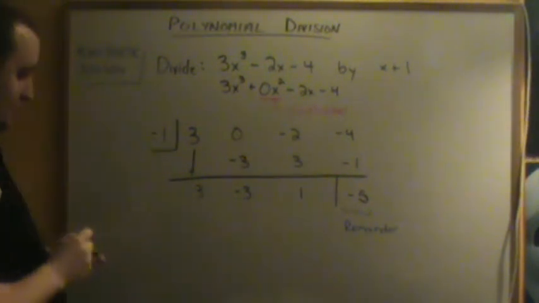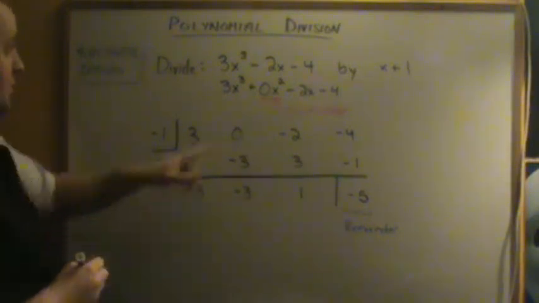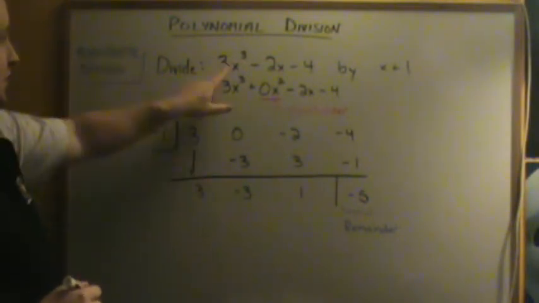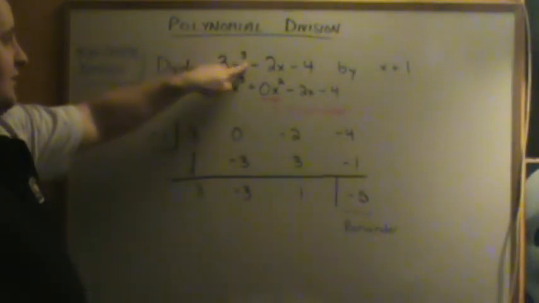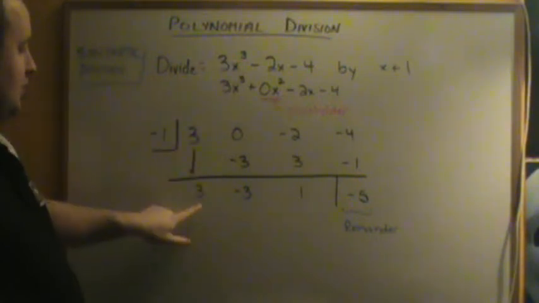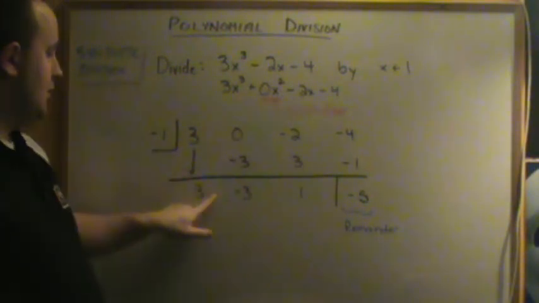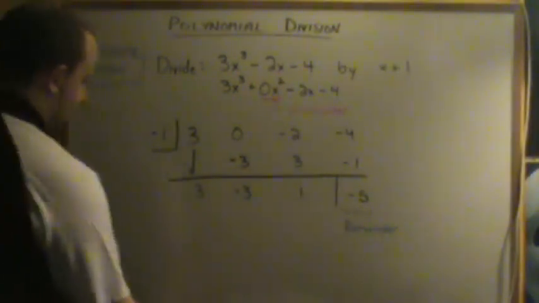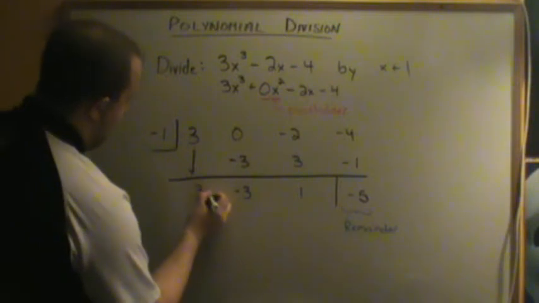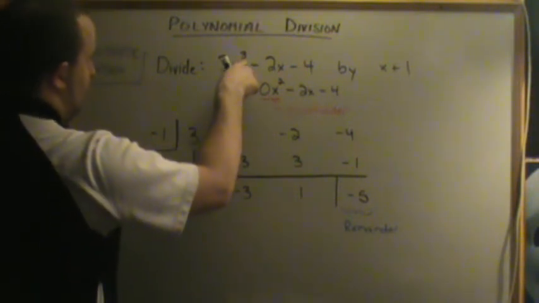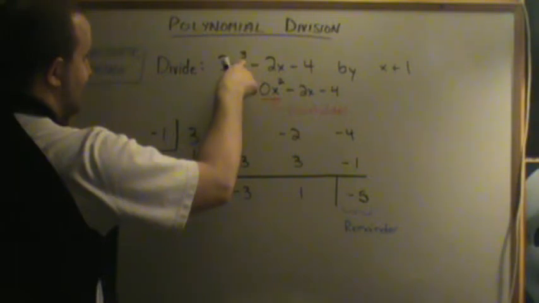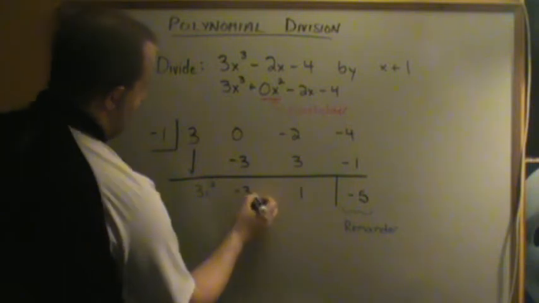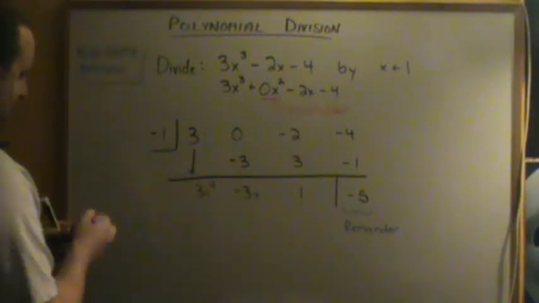Now, what we have to do here, notice we don't have coefficients at all here yet. We don't have a full quotient yet. Our original dividend was third degree. So these terms here are going to have x terms that are 1 degree less than the dividend. So when we put our x terms in here, this 3 is going to be x to the power 1 less than that of the dividend. So 3 minus 1 is 2. Negative 3 is going to be negative 3x. We don't have anything there.